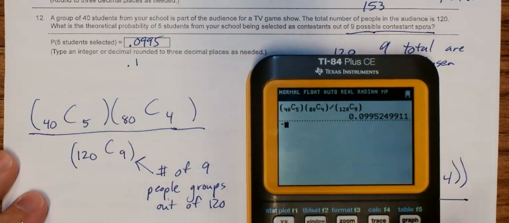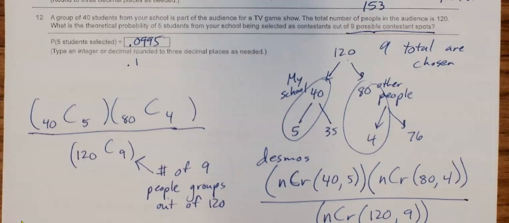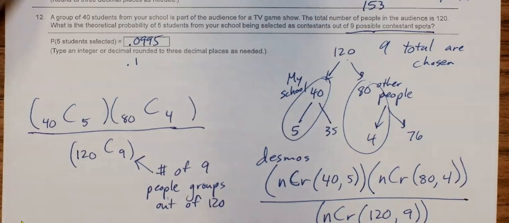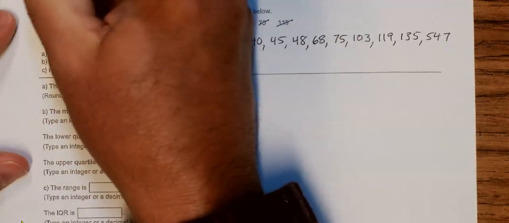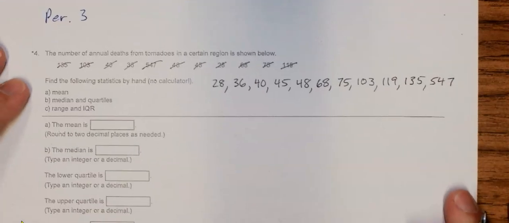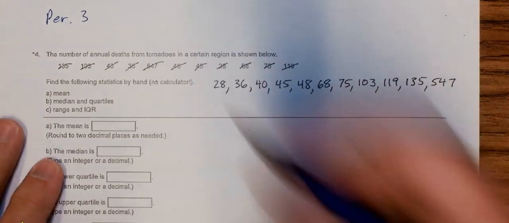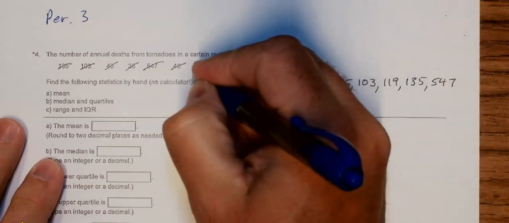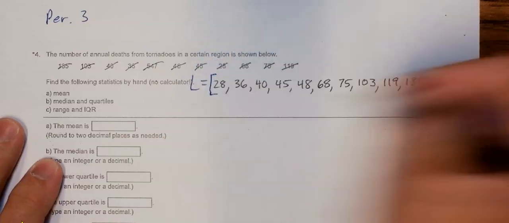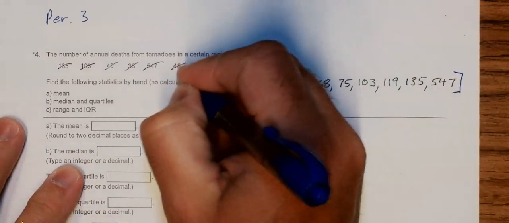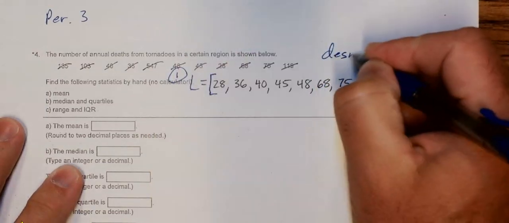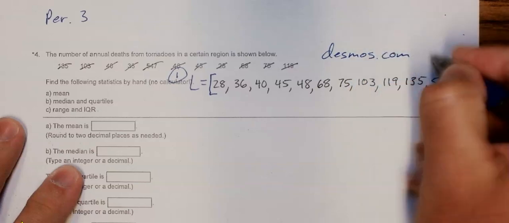Okay. And now for the missing page. So, first order of business is to type all of this stuff into the calculator or into desmos.com/calculator.